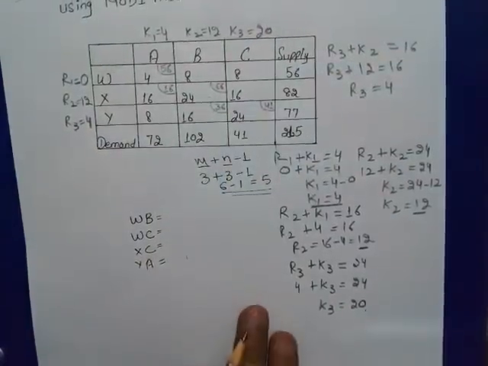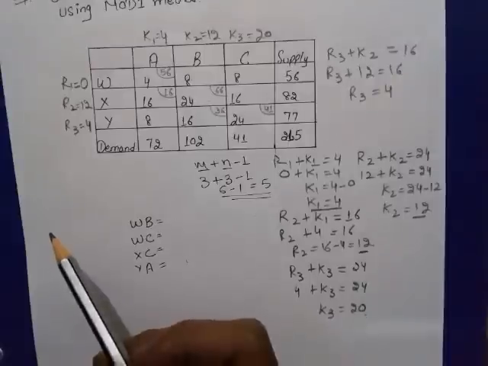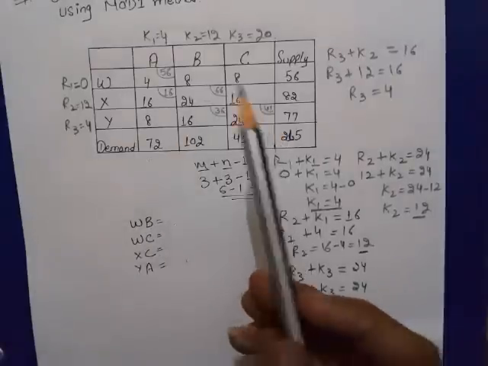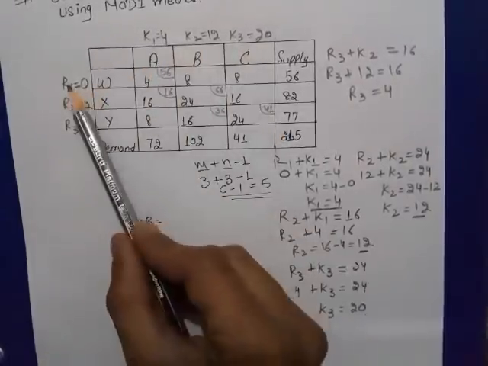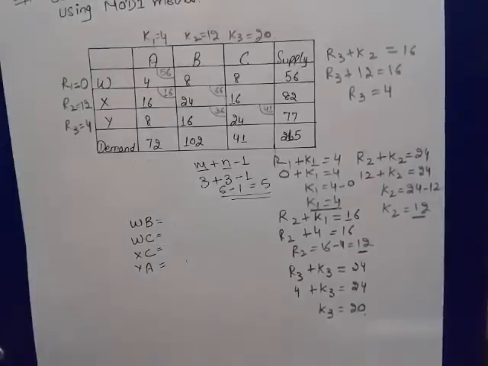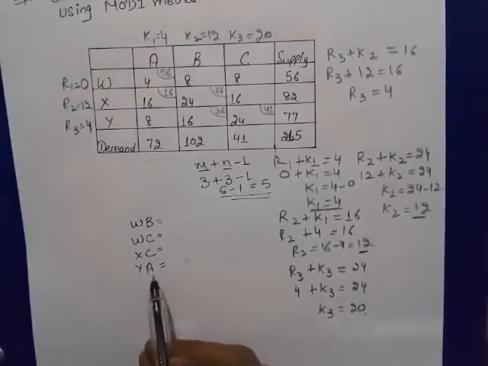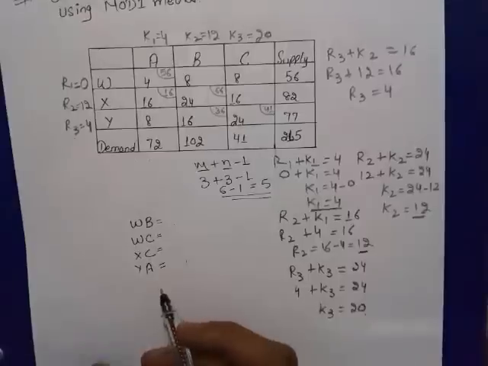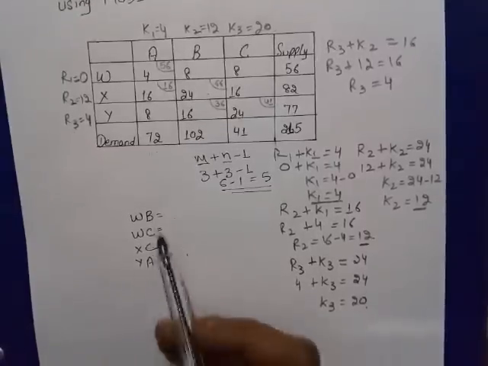So after getting the values of R1, R2, R3, K1, K2, K3, we have to calculate the values for the unoccupied cells. So how to calculate? Let's see.